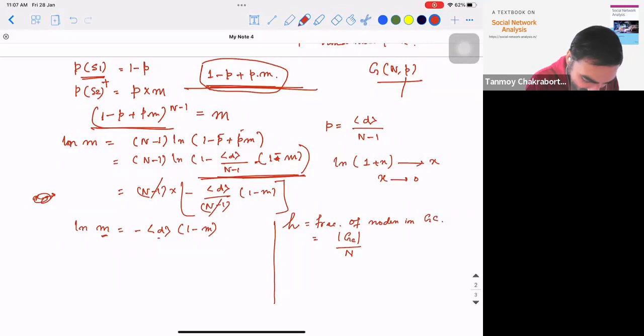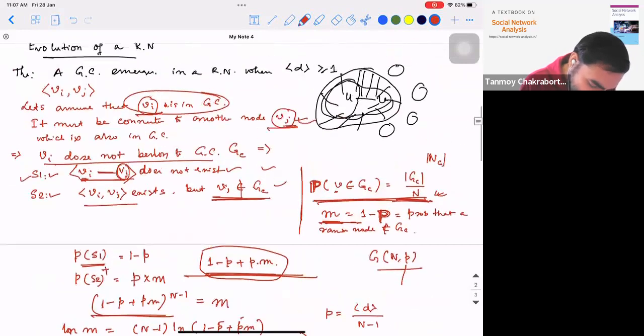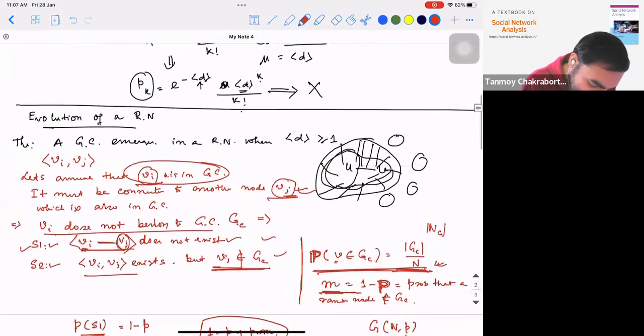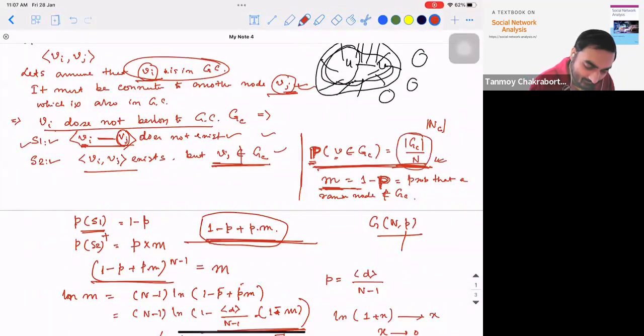We have already seen that p equals mod GC by n, which is the same as H. If you replace p by H for the time being, you will see that H equals 1 minus M.